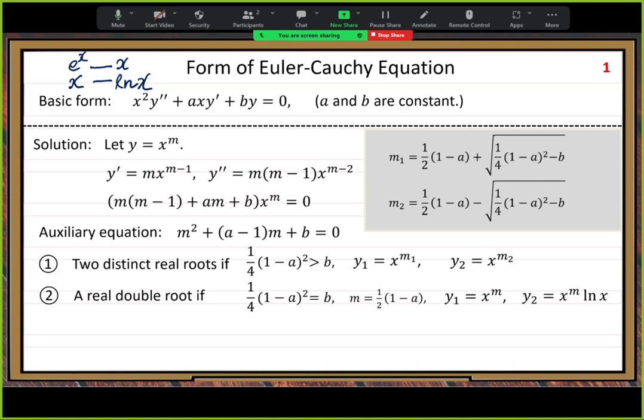Then case 3. Remember the complex case, 2 complex roots. When the expression is less than 0, we introduce omega, remember? Because it's too complicated, we introduce omega. Here is the representation of omega.